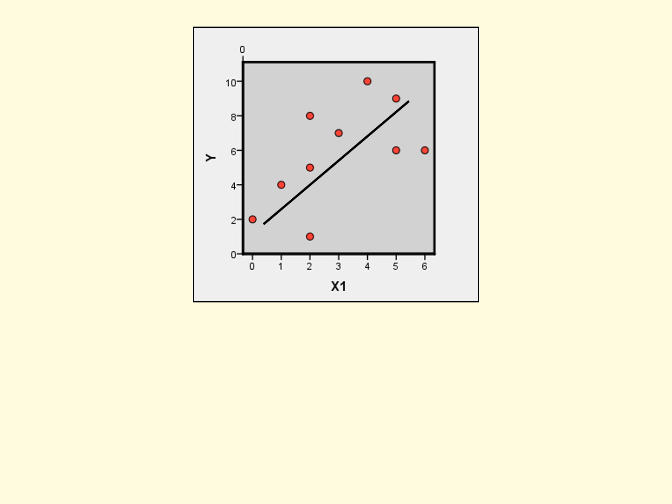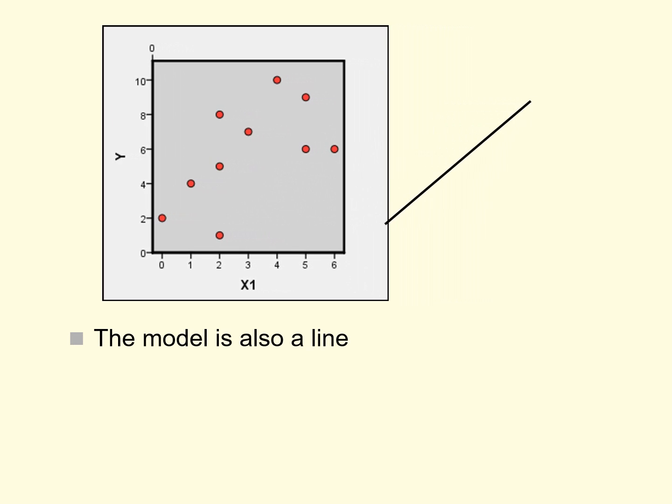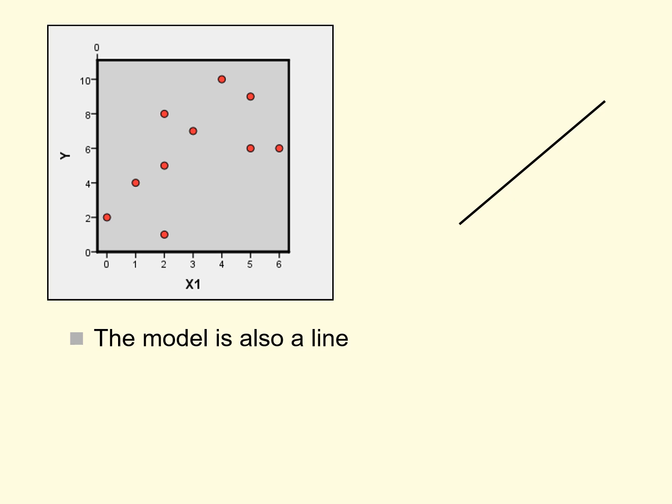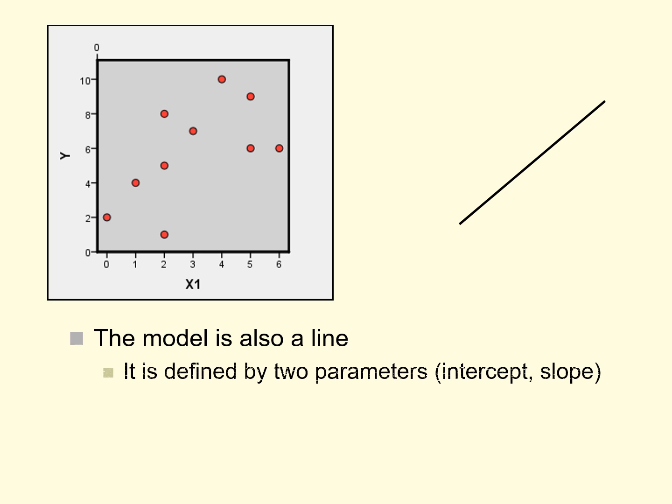So again, the cloud of dots is the familiar scatter plot for y and x sub 1. And the line is just that. It's a line. It's our model that tries to explain or describe the outcome variable in terms of the predictor variable. And the model is also a line like it was before, but now it's defined by two parameters. It's got an intercept and a slope.